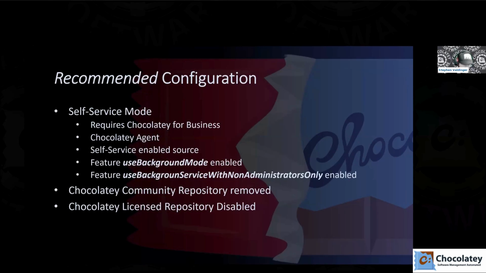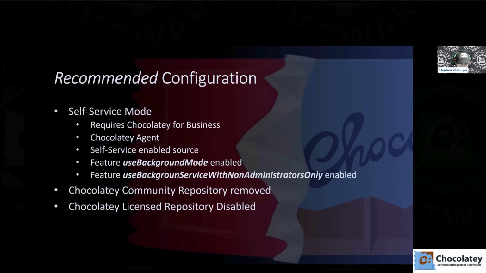The installer will be run by the background service and not the user that invokes choco. You can force everybody, administrators included, through the background service by disabling that feature.